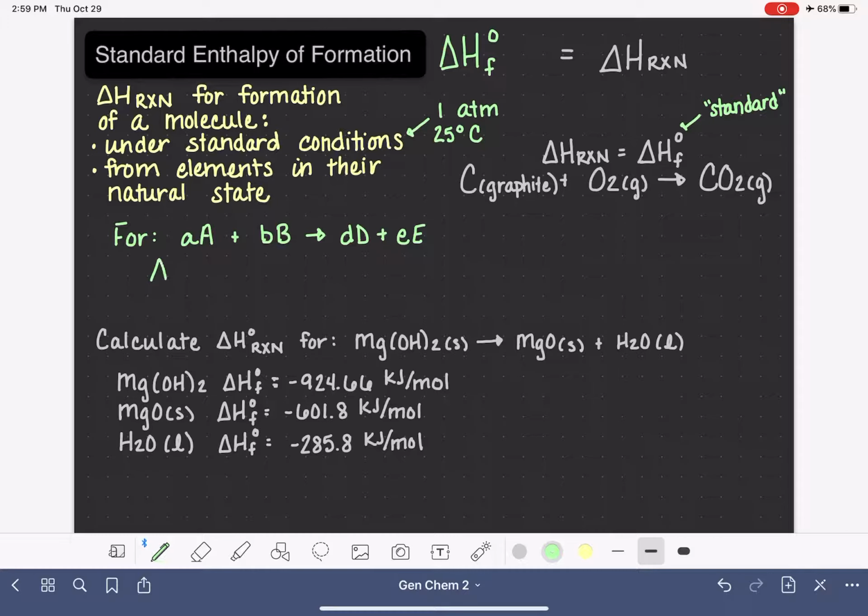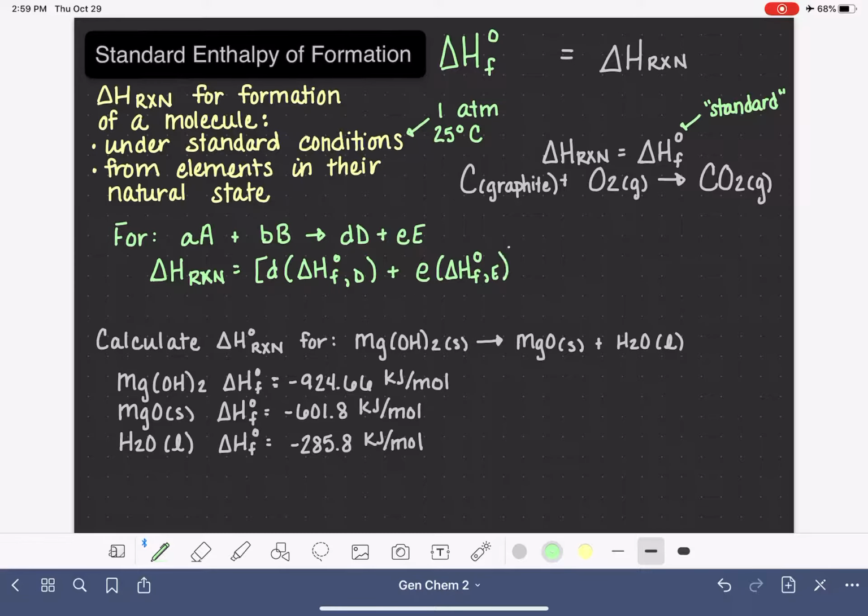So if we wanted to use delta H of formation to calculate the change in enthalpy for this entire reaction, what we would do is go to our data table and look up the standard enthalpies of formation for all 4 of these molecules. We would take the stoichiometric coefficient of molecule D and multiply that by the standard enthalpy of formation for molecule D. And we would add that to the stoichiometric coefficient of molecule E multiplied by its standard enthalpy of formation.